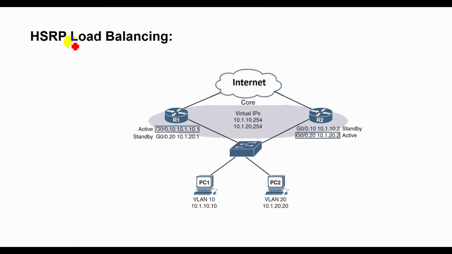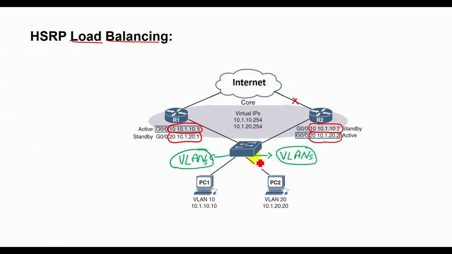So what about load balancing? Aren't we wasting the capacity of the standby router and the links connecting to it? Yes, if the routers are connected to only one subnet. However, if VLANs are configured, the routers can share the load by each serving as the active router for some of the VLANs.